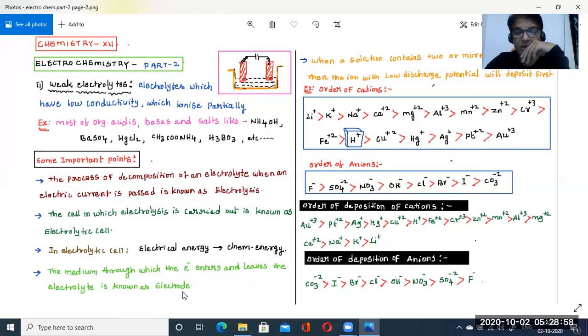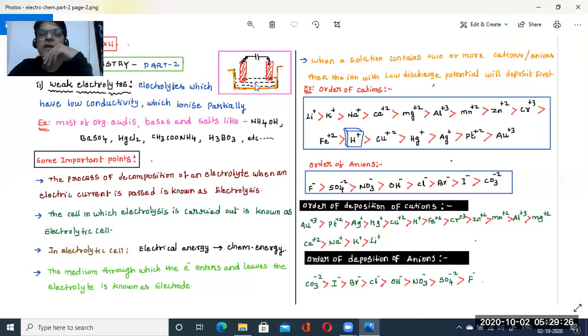So how can we define an electrode? The medium through which, so this can behave as a medium. From this medium, if electrons enter from one side and leave from the other side, with the help of the electrolyte, that medium is known as an electrode.